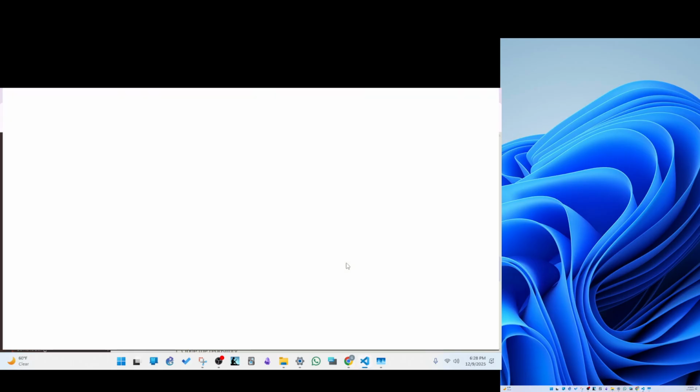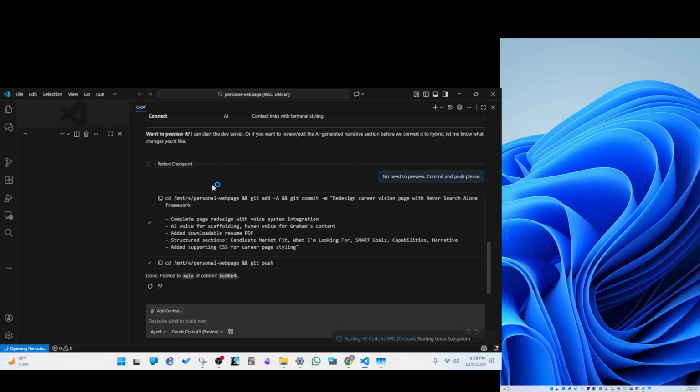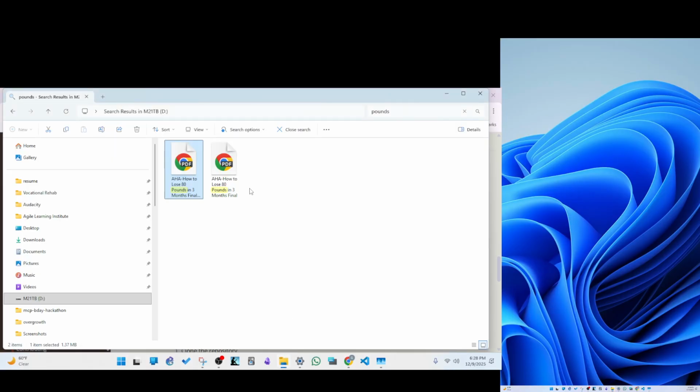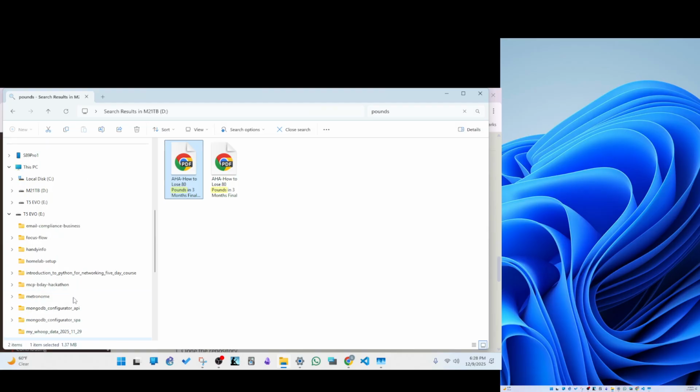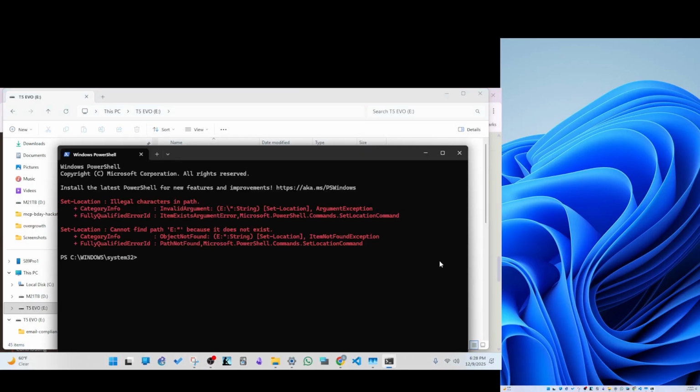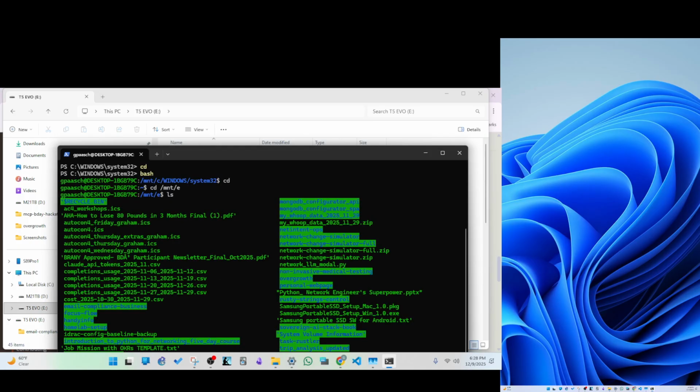let's do the make on this to see it in action. So right now I've got my personal website open here. So we will go to my E drive, and then we will go to PowerShell, and then we'll do bash, cd, and I should have pulled it down to here.